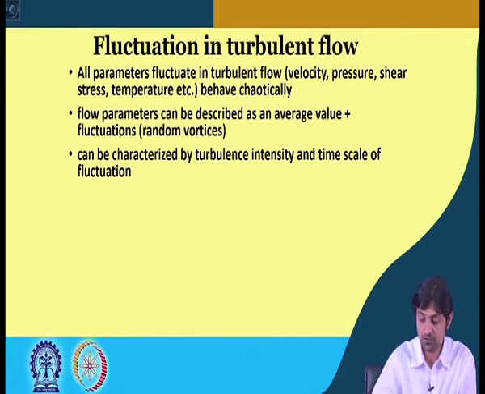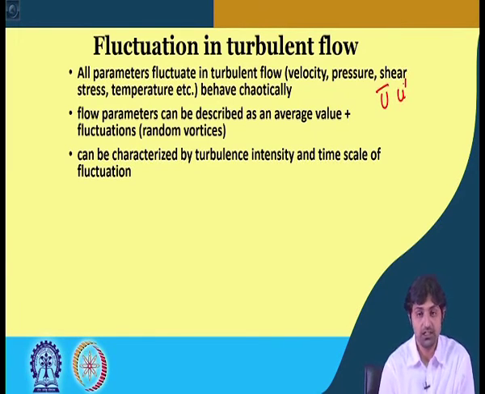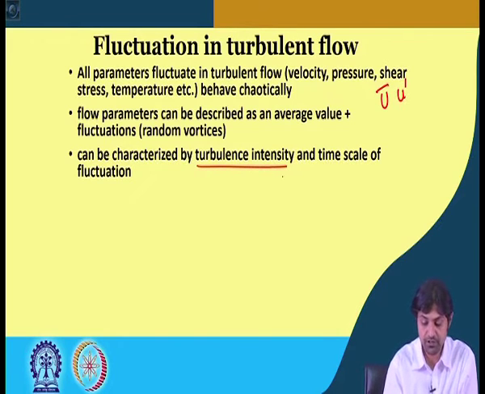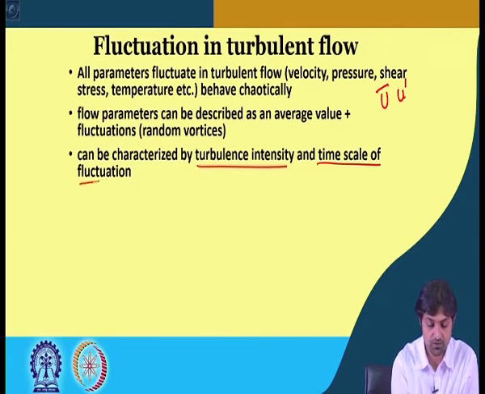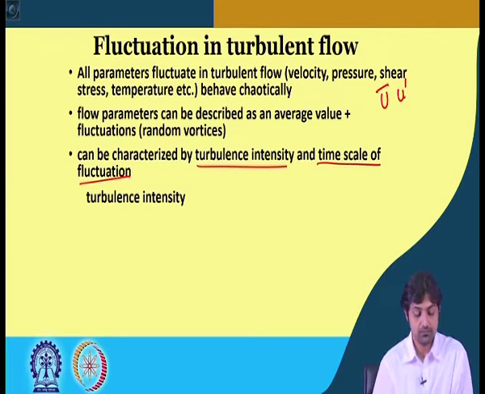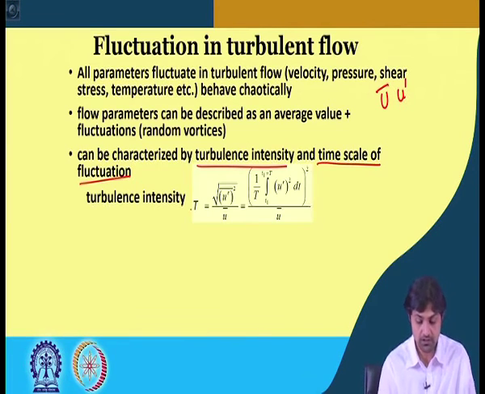And you see there is bar and prime. So, they can be characterized by turbulence intensity and time scale of fluctuation. Turbulence intensity is nothing but the square root of the average of u prime squared, divided by the average value.